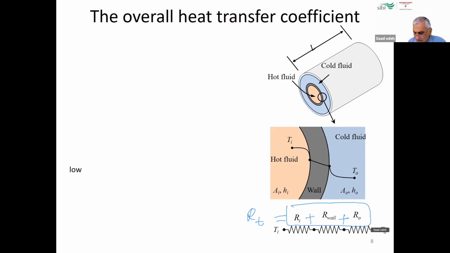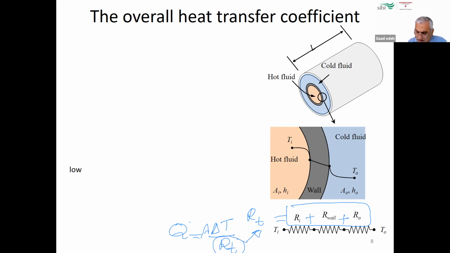So you can use this using Newton's law. Q dot is equal to delta T divided by R, or multiplied by A. So R total can be found from this equation.